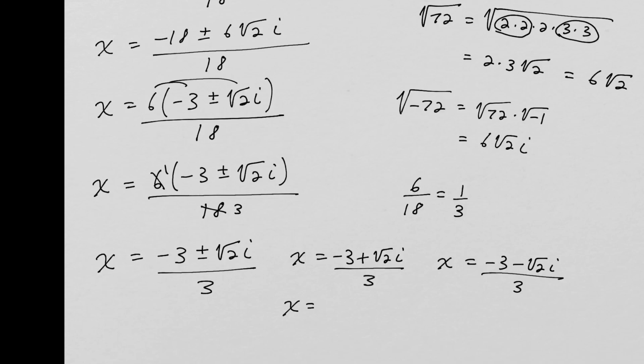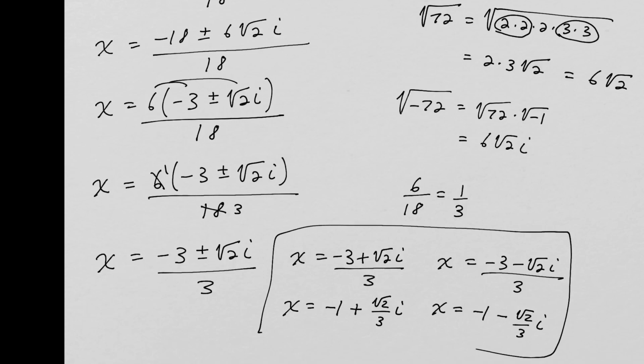So I could write this as x equals, well, negative 3 over 3 is negative 1 plus radical 2 over 3 i, and this one is negative 1 minus radical 2 over 3 i. So those are my two solutions. And really all these forms are correct here. It just depends on how you want to write it.